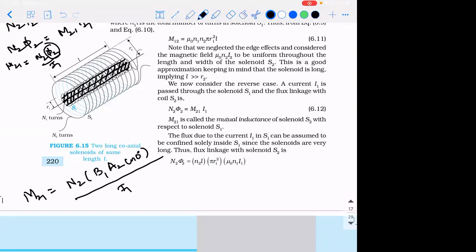Logically, that's the meaning, right? So here you should not write A2, you should write A1. Though it is the flux linked with the second coil, since the first coil is completely present inside the second coil, the flux linked with the second coil is exactly the same as that linked with the first coil.